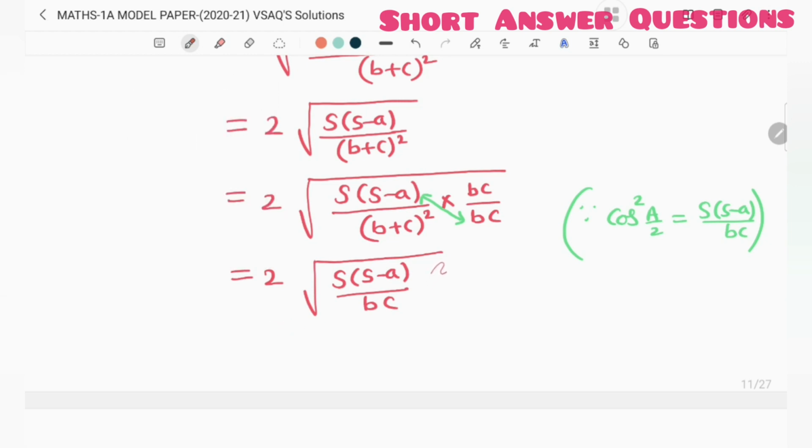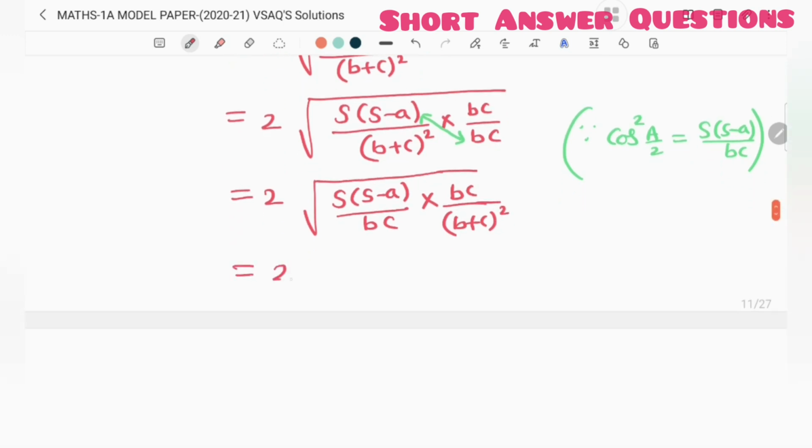So into bc by b plus c whole square, which is equal to 2 into root of s into s minus a divided by bc, root of bc by b plus c whole square.